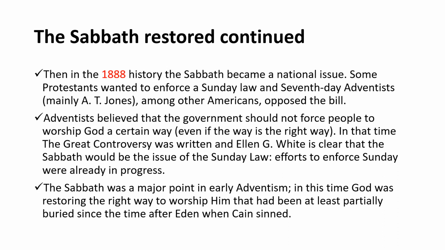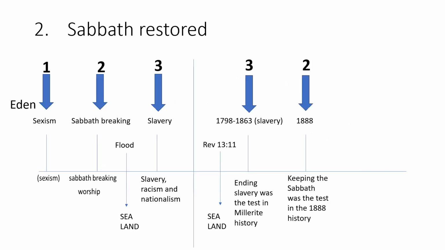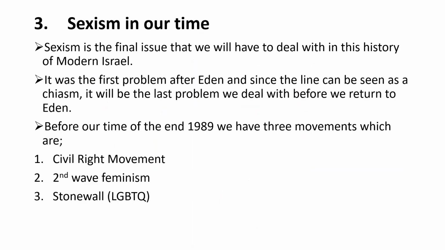In 1850, the testing issue is slavery, which is the sin that is being tried to be restored. Now in the 1888 history, the issue to do with the Sabbath seems to be the testing issue at that time. So now we want to move on to the third, or the first, the first being restored, which will be the last to be restored in the Earth's history.